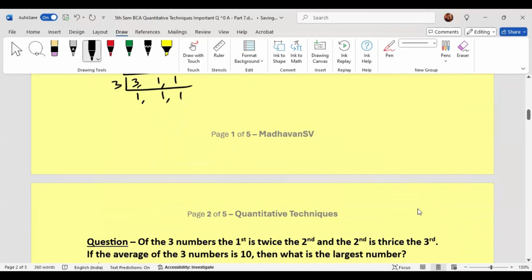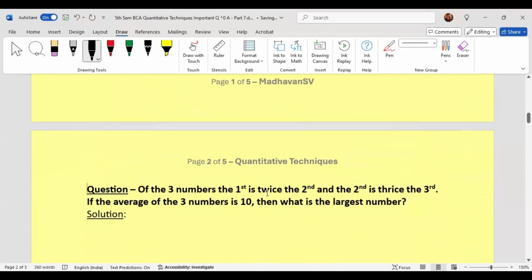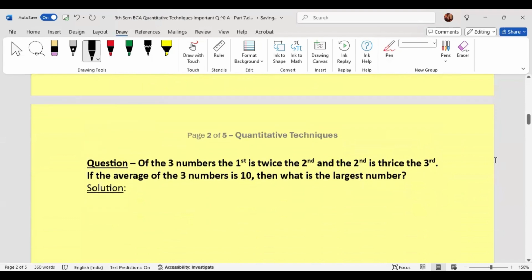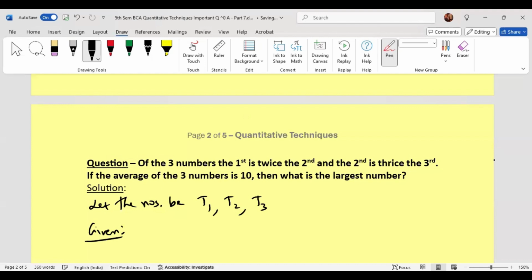Of the 3 numbers, the first number is twice the second, and the second is thrice the third. If the average of the 3 numbers is 10, then what is the largest number? So let the numbers be T1, T2, T3. What is given? First is twice the second. So T1 is 2 times T2. Consider this as equation 1.